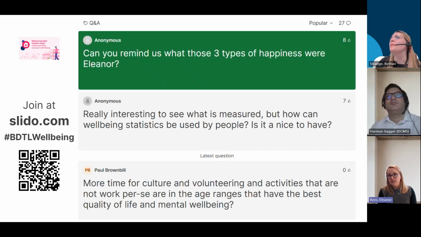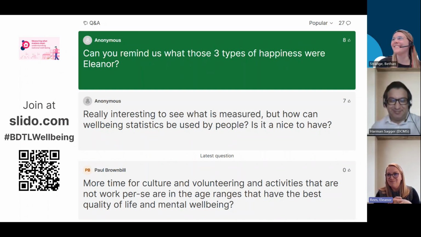Yeah, so these are three types of subjective well-being, which we call personal well-being. The first was evaluative well-being. This was life satisfaction, where you look overall at your life and evaluate it. The second one was eudaimonia, which I call flourishing, because it's a word you can get your mouth around a little bit easier, which is basically, do you feel the things you do in life are worthwhile?